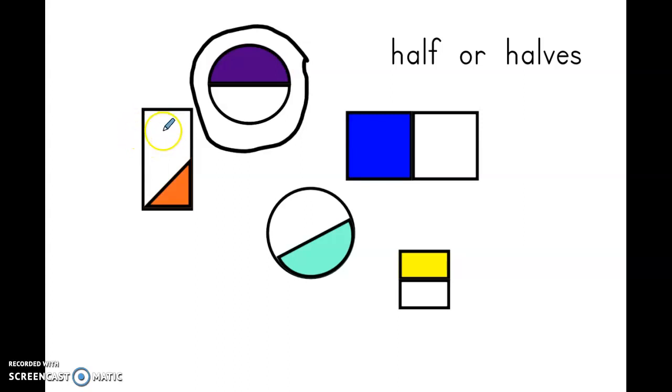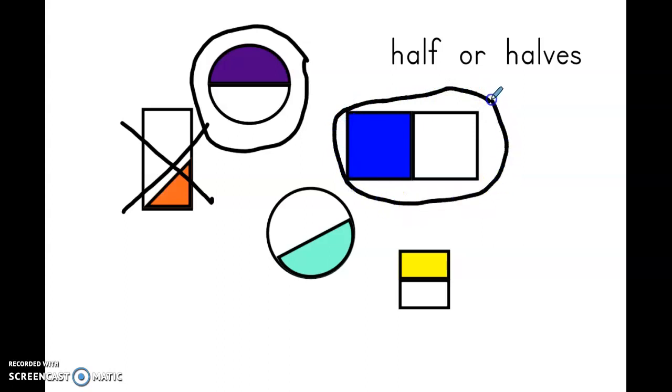Since these are not equal parts, we can't call these halves. We can't say that one half of this rectangle is orange because they're not equal parts. Here we have our rectangle and one out of two equal parts is blue. So that means that one half of this rectangle is shaded blue.